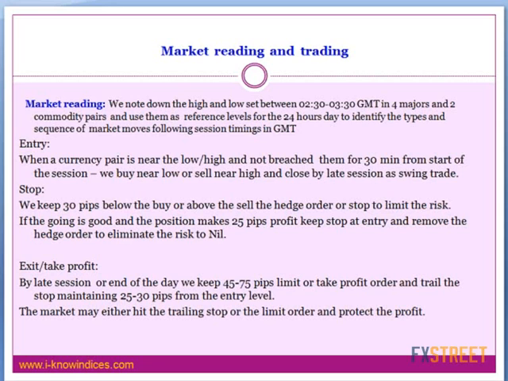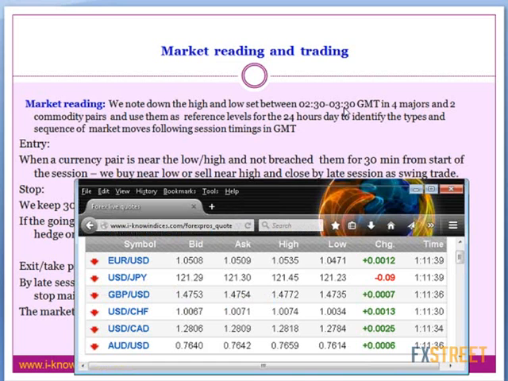And once the position makes profit, keep stop at entry and keep a 45 to 75 pips limit, so that the position can be closed with a trailing stop. Once the stop is made a trailing stop, once the position makes 25 pips profit, it can hit either the trailing stop or the limit, thereby having the minimum or the maximum profit.